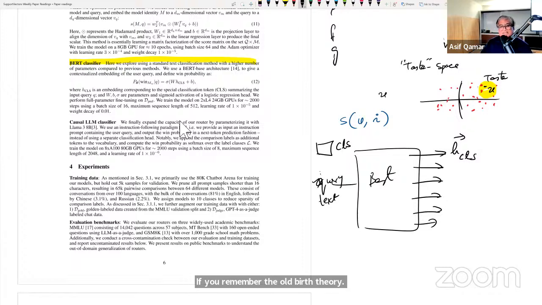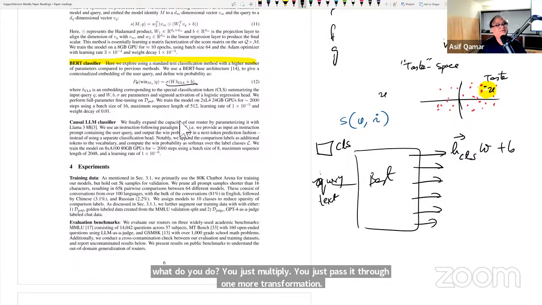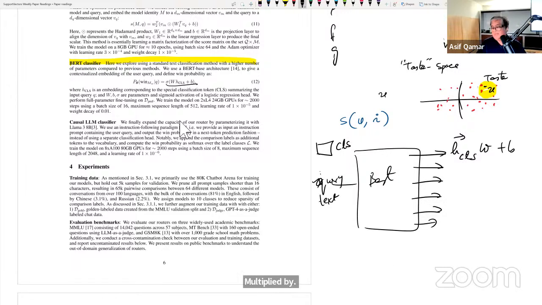And so all you need to do is ask this question: winner or not? You just have to pass it through something like a sigmoid function, a logistic regression function, to say what's the probability that it wins. You pass it through one more transformation, multiplied by one more weight matrix, plus B, and then you feed it into a sigmoid. Remember logistic regression, right?